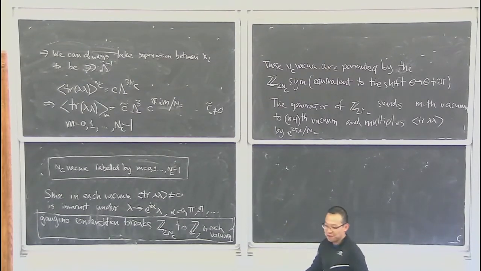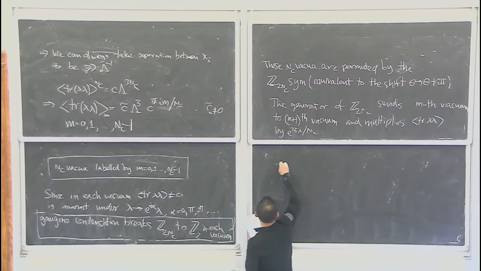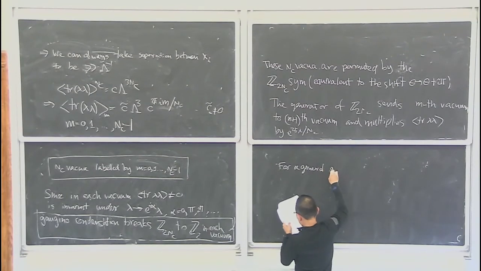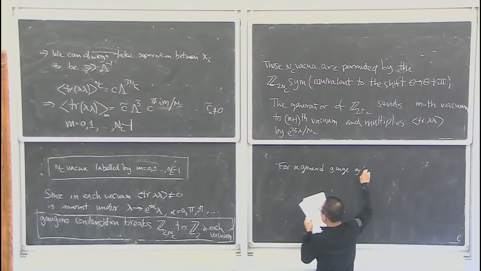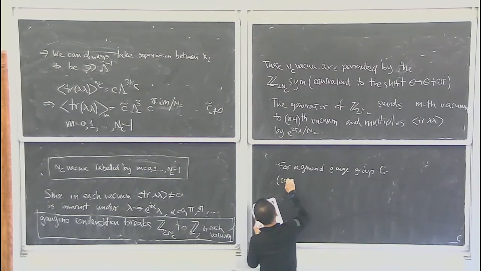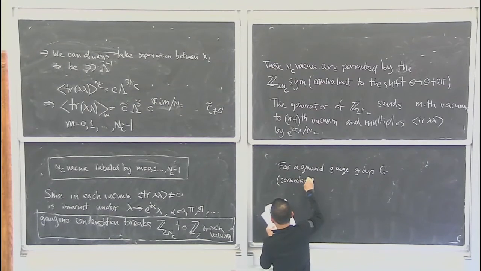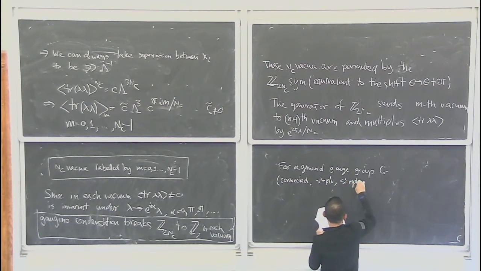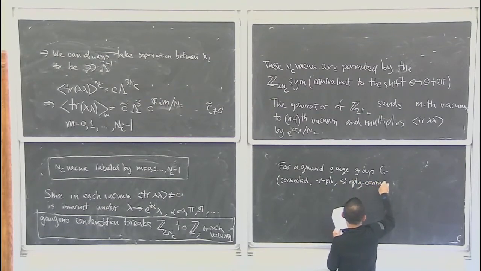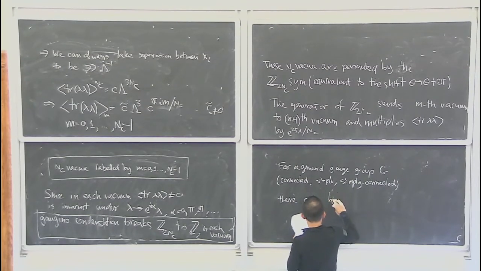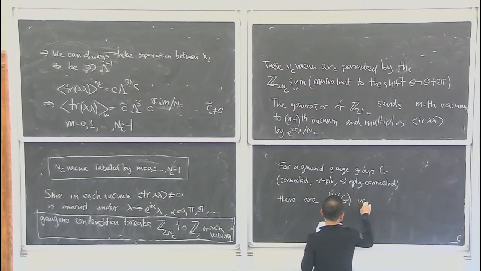It might look trivial to you, this statement, okay? But for a general gauge group G, you should assume it to be connected, simple, and simply connected. There are h-check-G vacua.